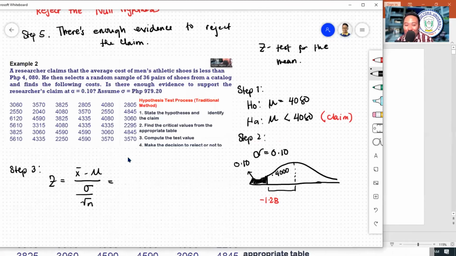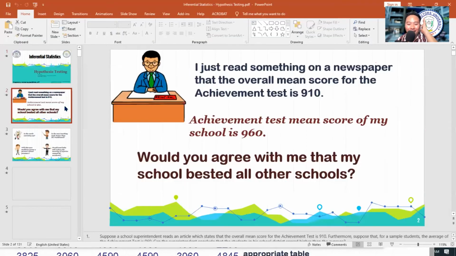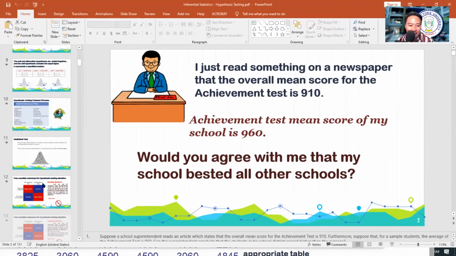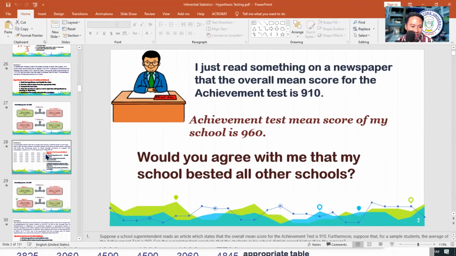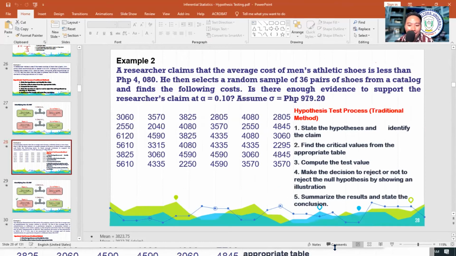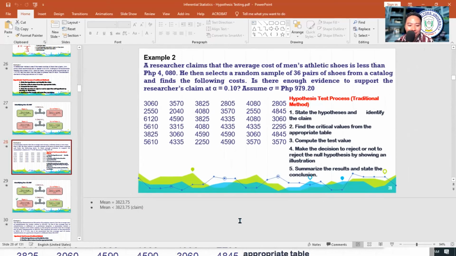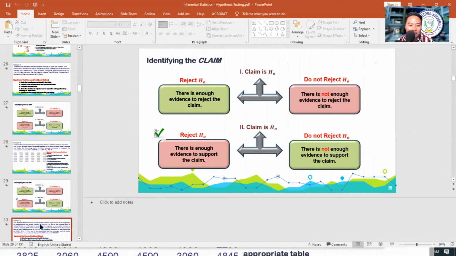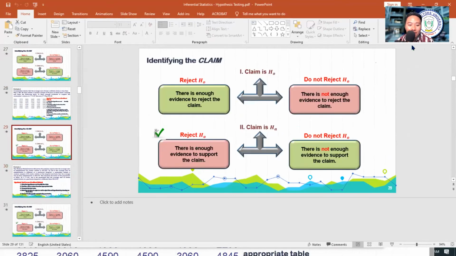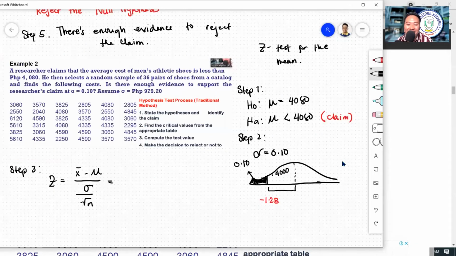I hope you know how to compute the sample mean. I'm just going to show you the solution to this problem. I think I have the solution, but if not, we really need to solve it. Okay, I don't have the solution, so we are going to solve it manually.